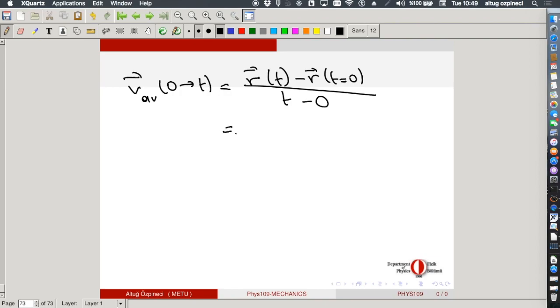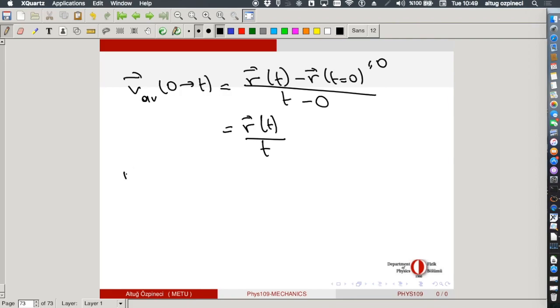Well, we had already chosen the coordinate axis such that the initial position, the reference point, was 0, divided by t. Because this is 0. That is how we had chosen the origin of our coordinate axis.